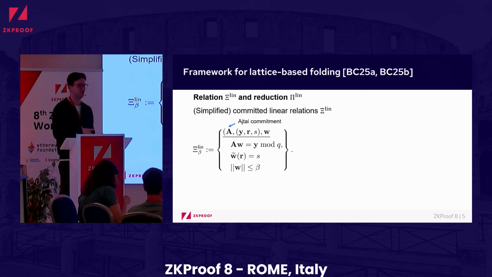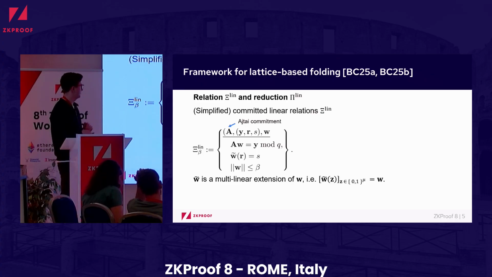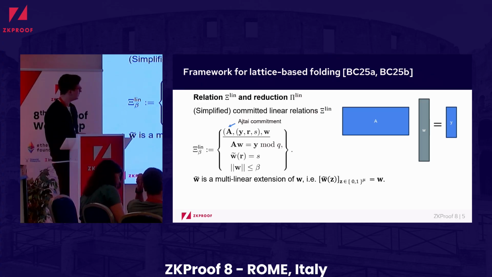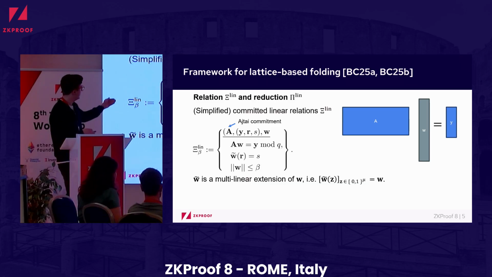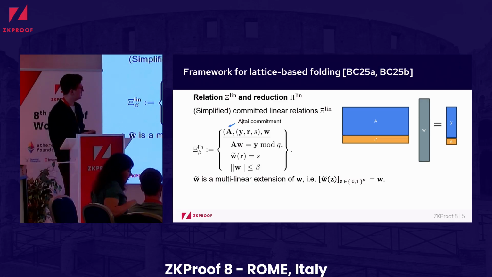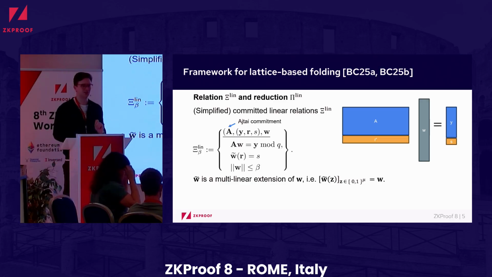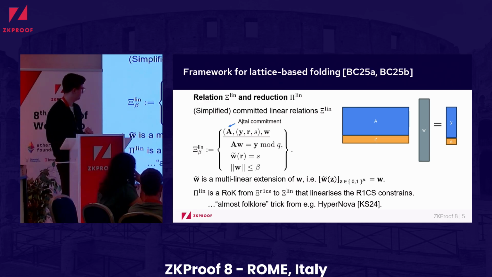We want the witness evaluated at some point to evaluate to some value S. More pictorially, we look at this commitment, and we view the multilinear polynomial evaluation simply as one row of additional constraint, and we will take advantage of that perspective.